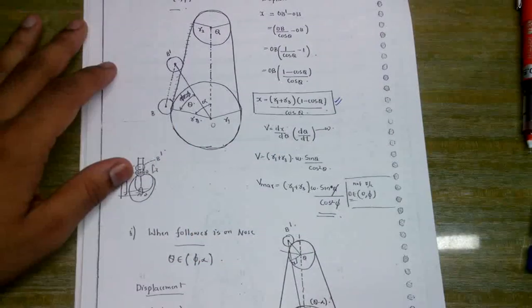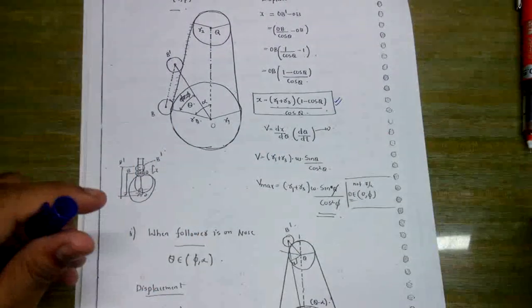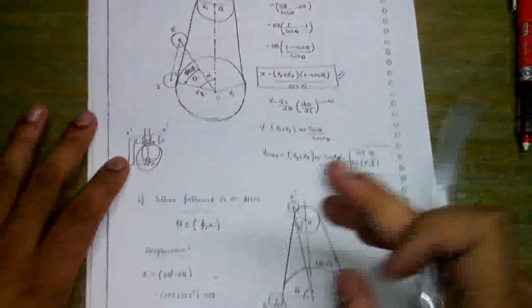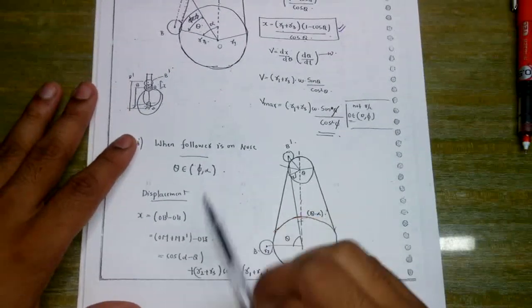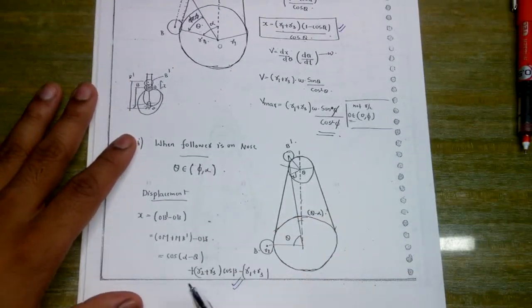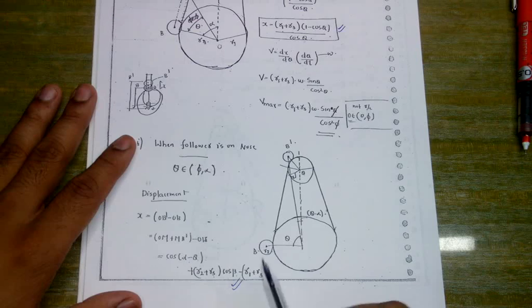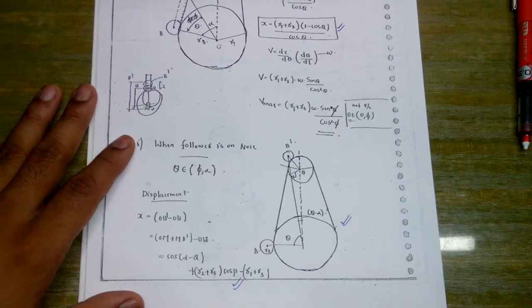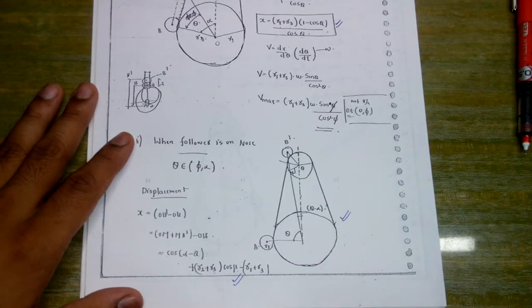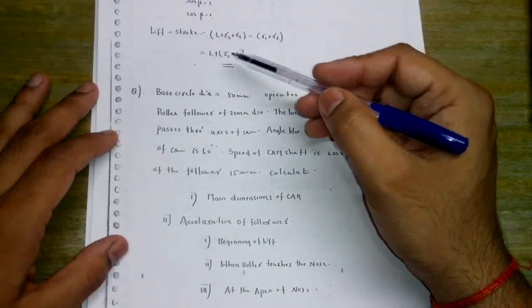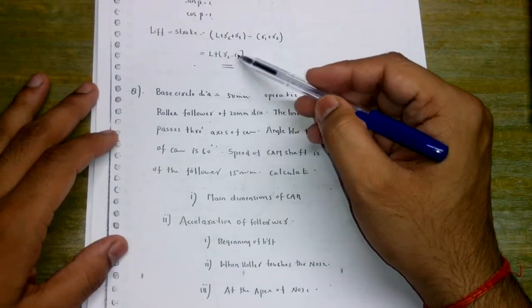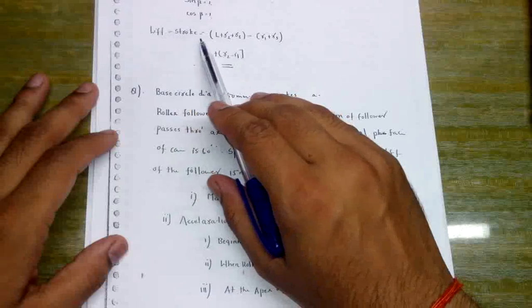questions are asked. The second case is when the follower is on the nose, then the displacement equals (R2 + R3) cos(phi - alpha) + R3 cos beta - (R1 + R3). Only these formulas need to be remembered, and hence X finally becomes L + R2 - R1 for the lift stroke.